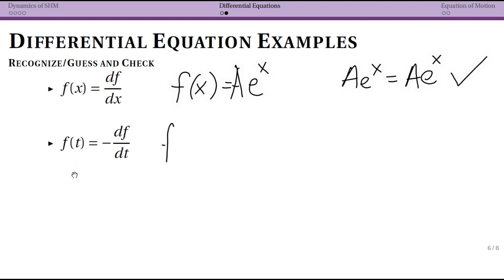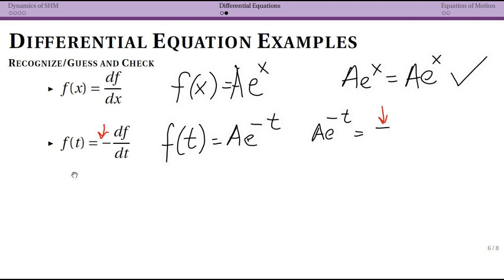Well, what if now f of t equals a e to the negative t, right? So now I have my function is a e to the negative t, and then when I take the derivative of that, I'm just using this minus sign here. So that's what that is. So now I'm going to take the derivative.